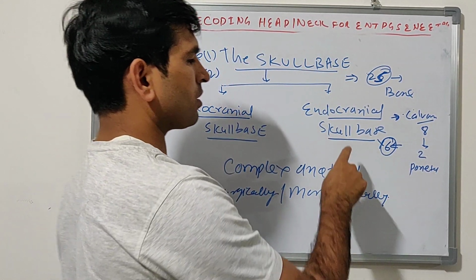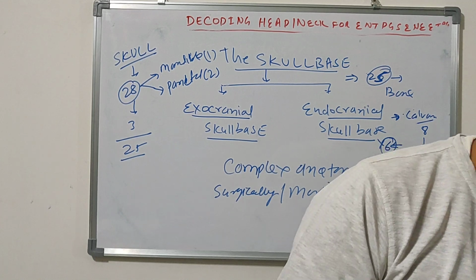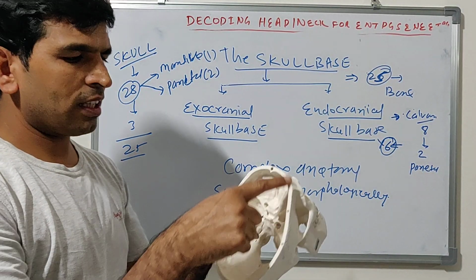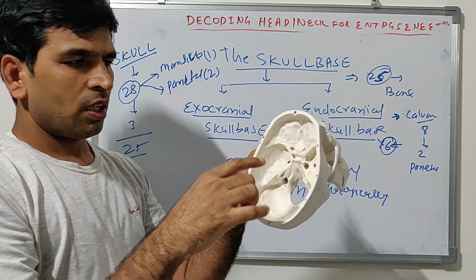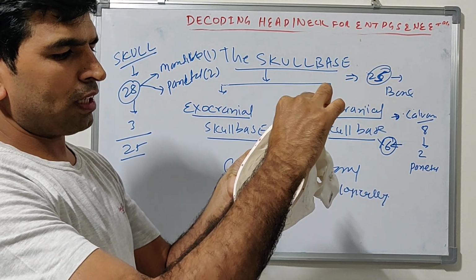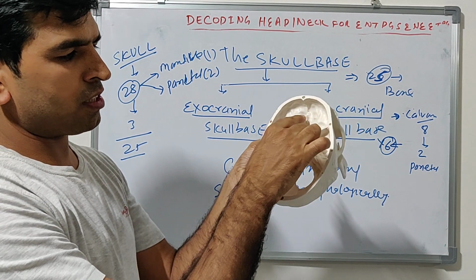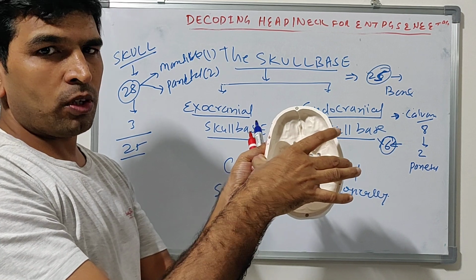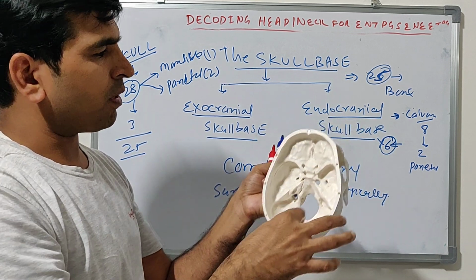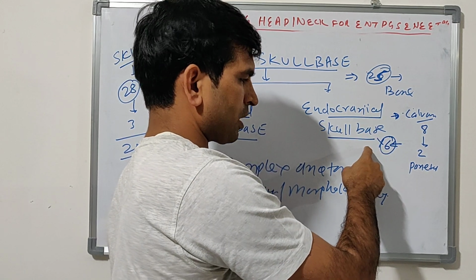If you see, this is the endocranial skull base. This is the frontal bone, this is the occipital bone, these two are the temporal bones, and one each is the ethmoid and sphenoid bone. So the endocranial skull base is formed by 6 bones.